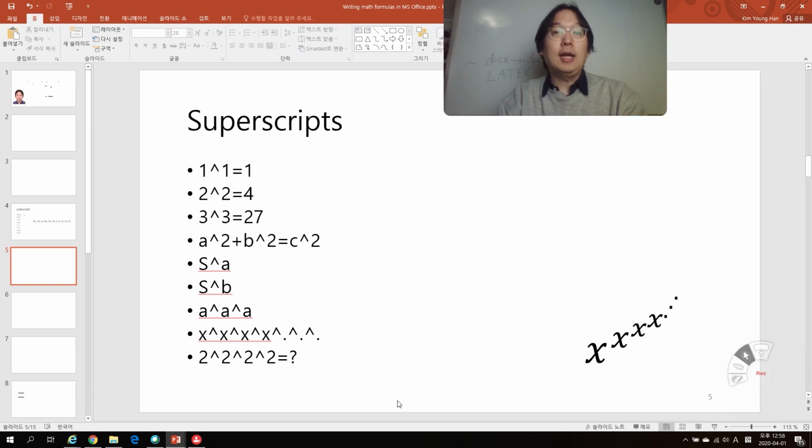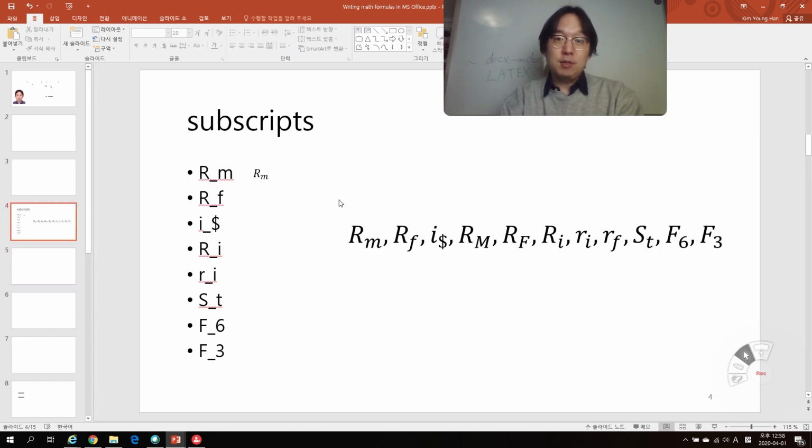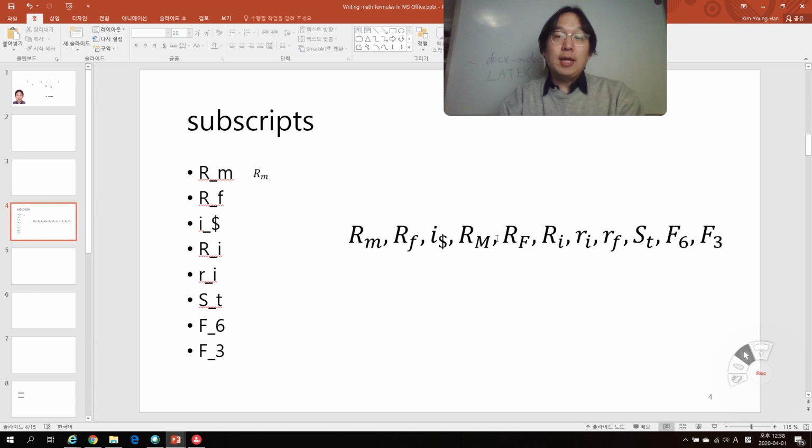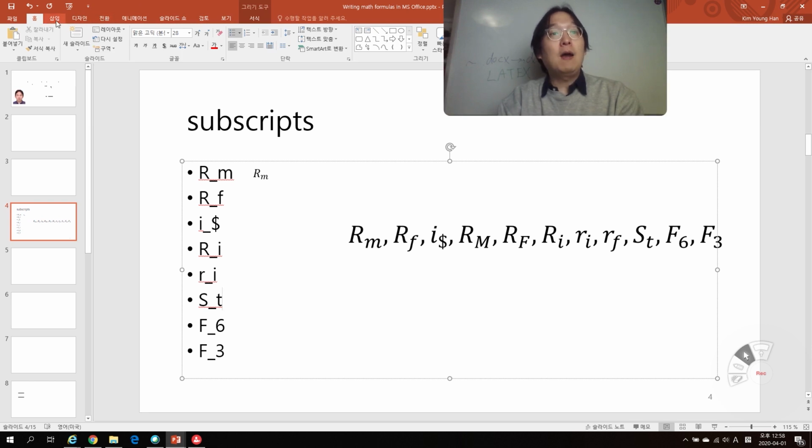The next slide, superscript, is also here. The previous slide was about the subscript, like this, and the superscript is 위첨자. By the way, talking about the subscript, can we think about a subscript of a subscript?